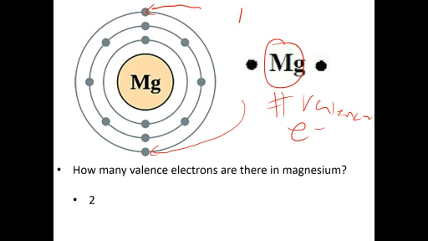So this is a Lewis dot structure. Here you have 2 valence electrons, so you have 1 electron there, 1 electron there. This represents the valence electrons for that particular atom.